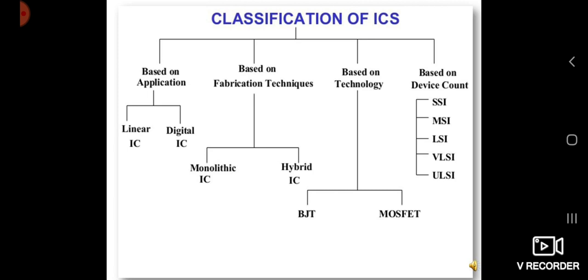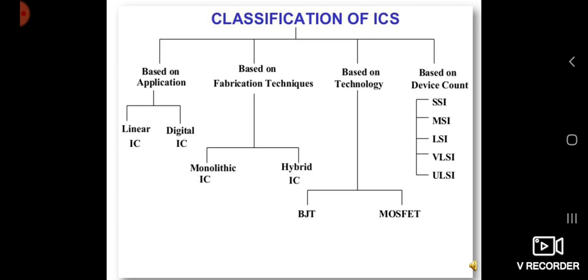One is the linear IC and the second one is the digital IC. Based on the fabrication technique, ICs can again be classified into two types, that is monolithic and hybrid.